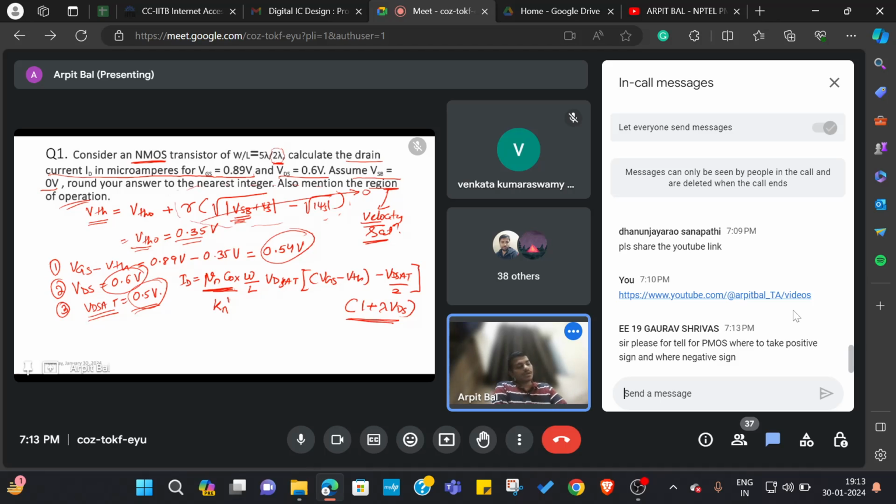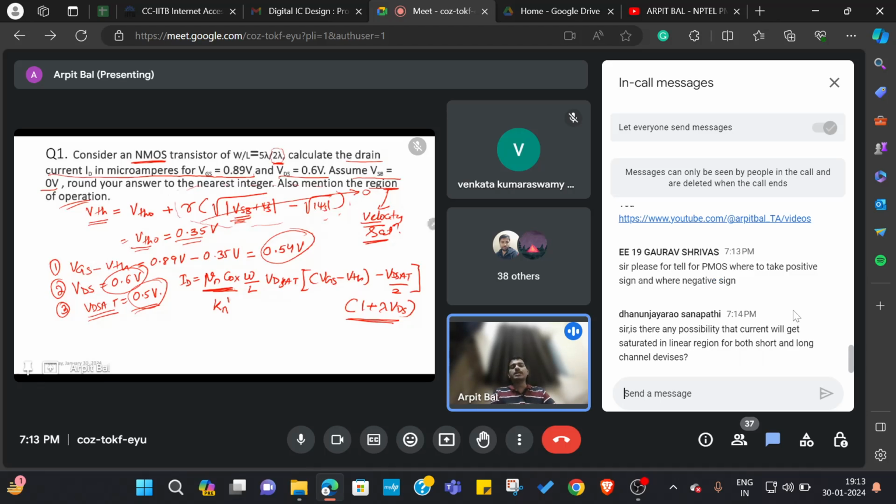Here we saw that VGS minus VTH was 0.54, VDS was 0.6 and VDSAT was 0.5. So VDSAT obtained the minimum value, and we can safely say that the region of operation is velocity saturation.